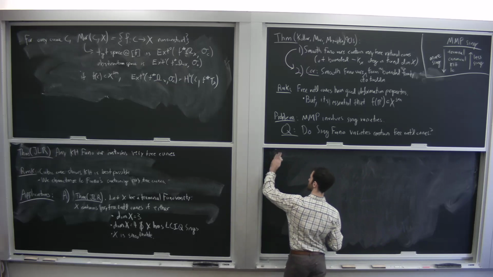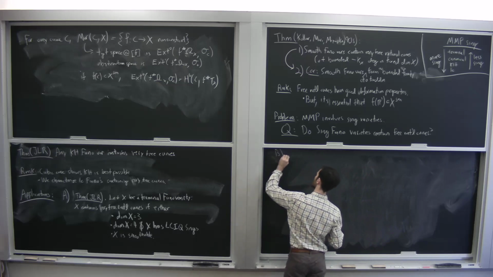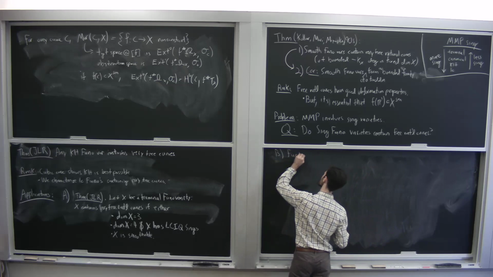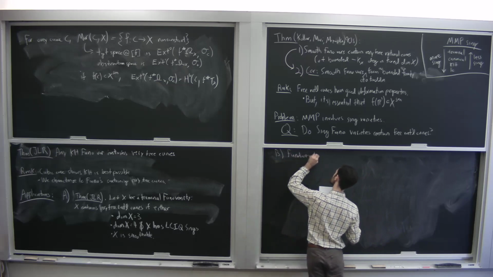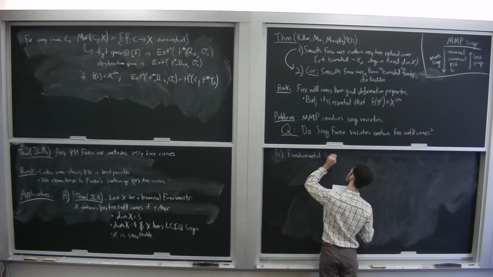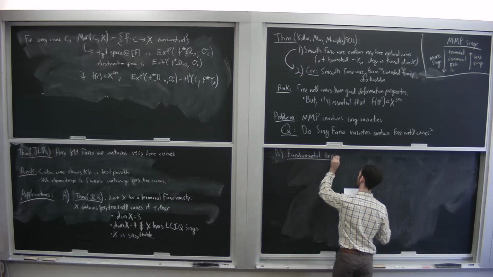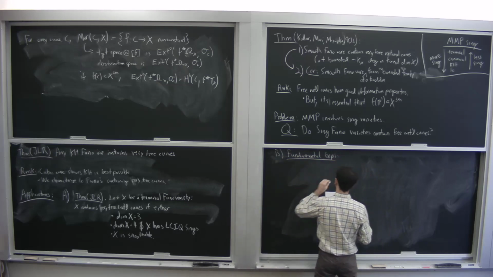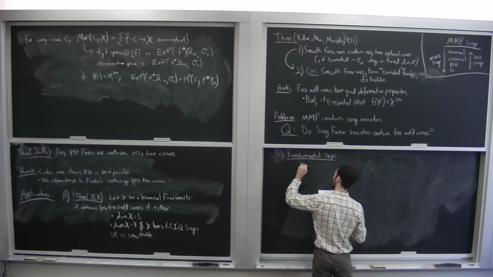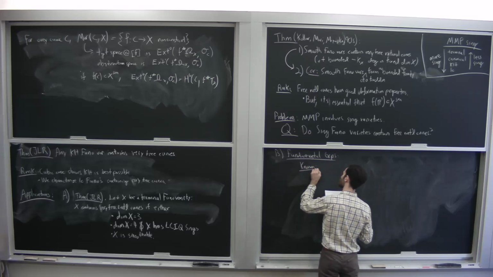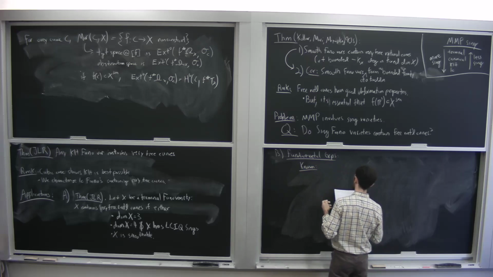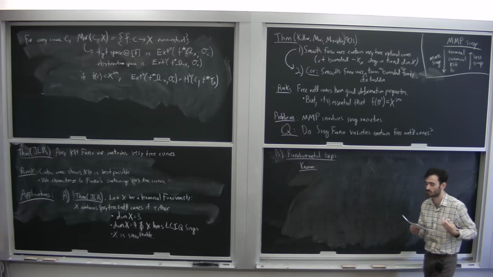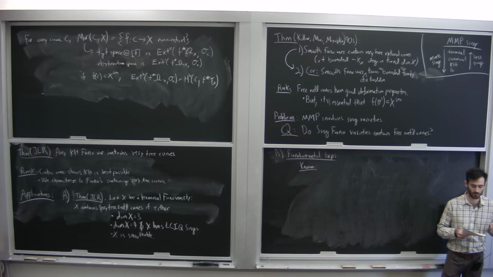So our second application is to fundamental groups. So what's known about this, right? There's a lot that's already known about this. It's known that fundamental groups of smooth Fano varieties are trivial, right?